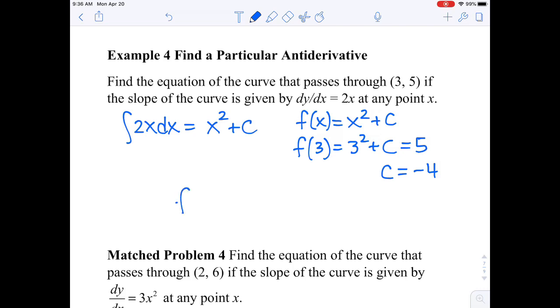So my function passing through the point (3, 5) would be x squared minus 4.